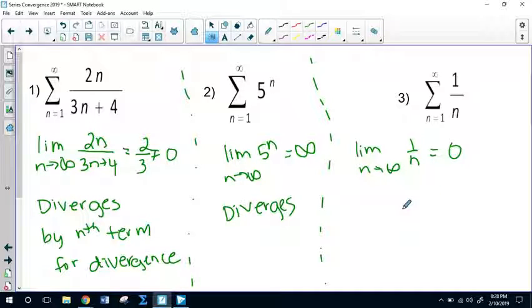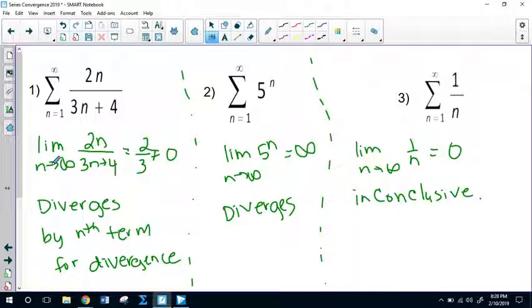That doesn't really tell us anything because we know that if this thing converges, the limit will equal 0, but if the limit equals 0 it does not necessarily mean that the series converges. This thing actually does diverge. We're going to learn about why in a second. But with this test, it's just inconclusive. So you can't really say anything else about it as of right now.